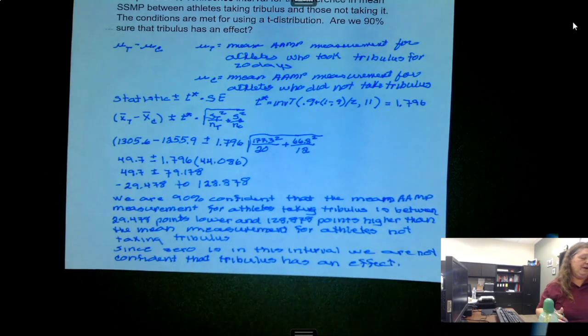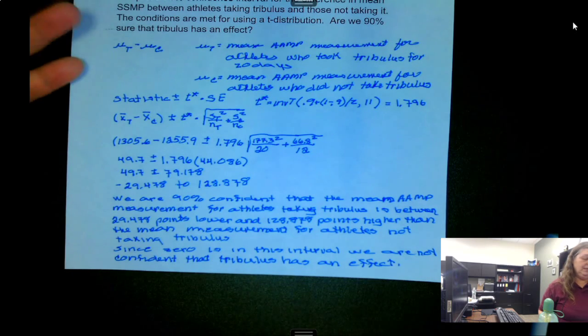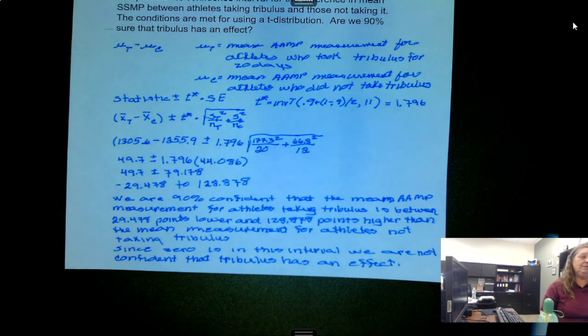Because remember, any number within the interval is a plausible value. And because 0 is in this interval, it's plausible that the difference is negligible or could be 0.